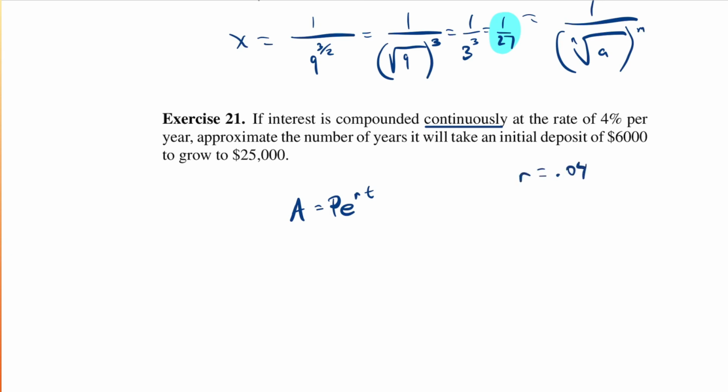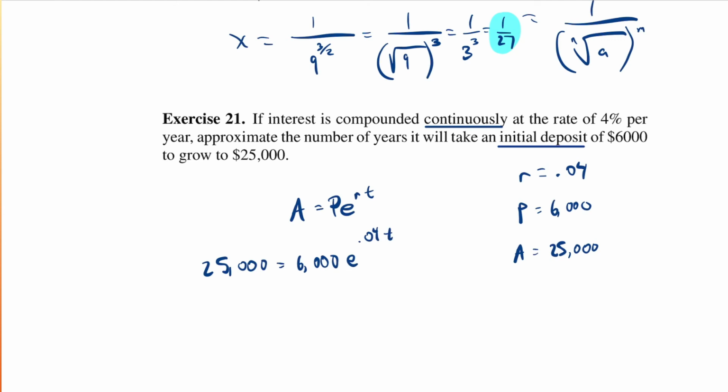Approximate the number of years it will take an initial deposit, that's your P, of 6,000 to grow to 25,000, that's the final amount, our A. We have our P, the initial deposit, and we have our interest rate, 0.04, and we're looking for how long that's going to take. We're looking for t, because the question is asking to approximate the number of years it will take.